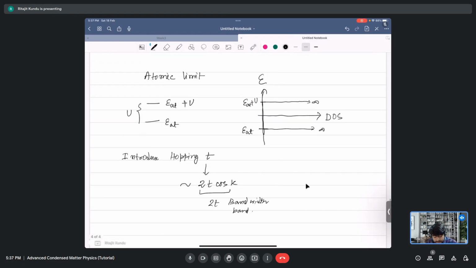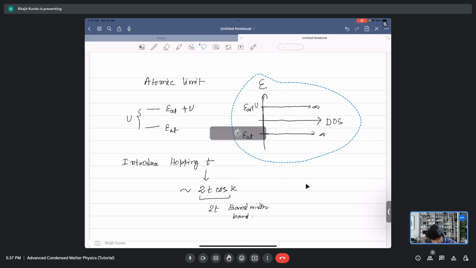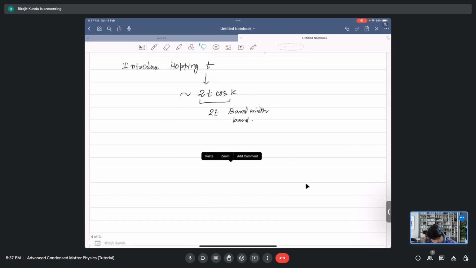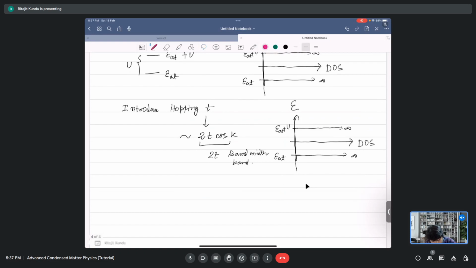So this is the same thing that you expect here also. As you make T non-zero, I will see these bands. Let me make a copy of this. So this is one of the bands, and another band is something like this.